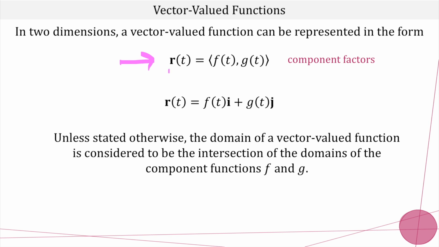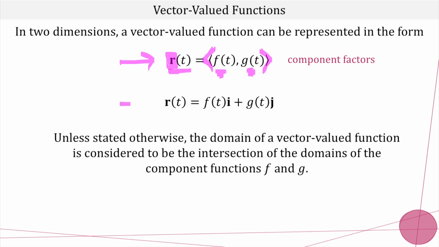We'd say r of t, with a bold R, but if you're writing it on a piece of paper, it's hard to make a bold R. So in context, we'll be able to see that it's just r of t. And then we've got these vector brackets. Notice that in the x spot, it's the x parametric function, and in the y spot is the y parametric function.